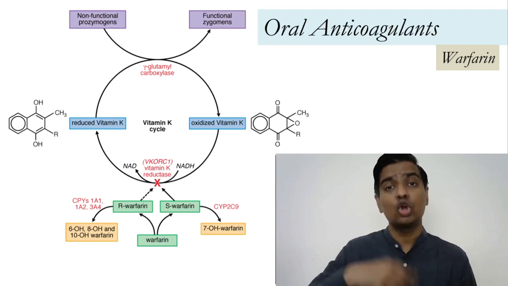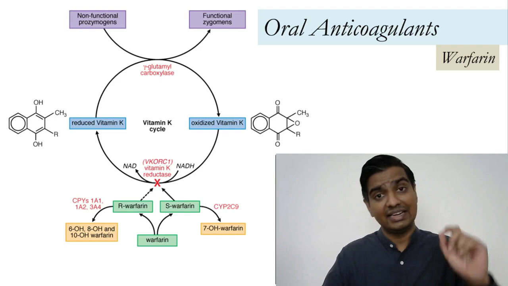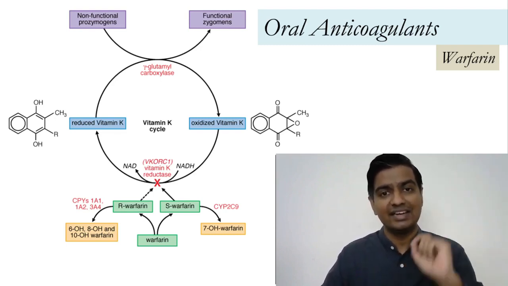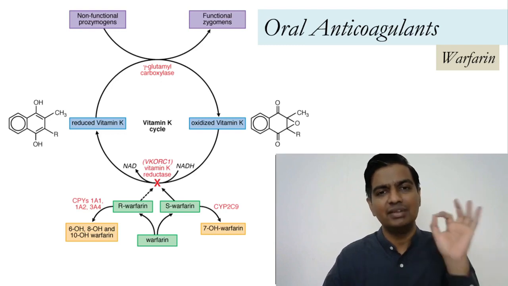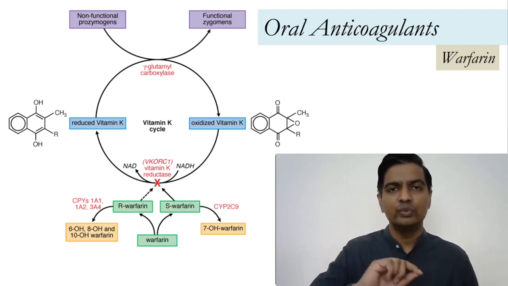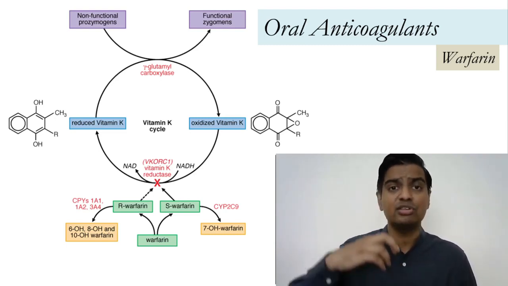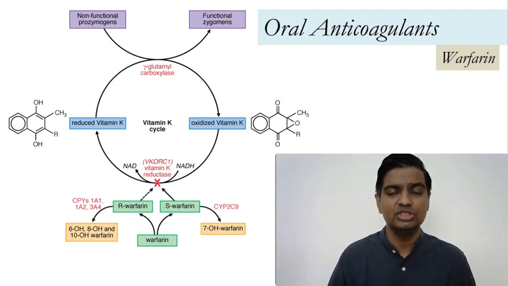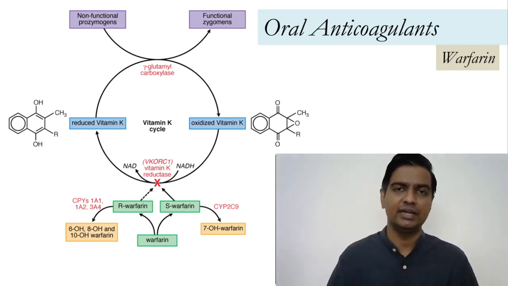Now some people are clotting a lot, so we don't want them to produce so many clotting factors, and here is where warfarin comes in the picture. Warfarin inhibits the vitamin K reductase enzyme, and as a result, reduced vitamin K becomes oxidized vitamin K in the process of formation of functional zymogens, but that oxidized vitamin K cannot get reactivated.